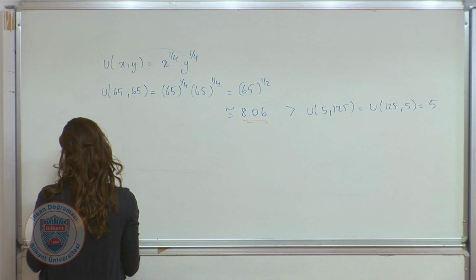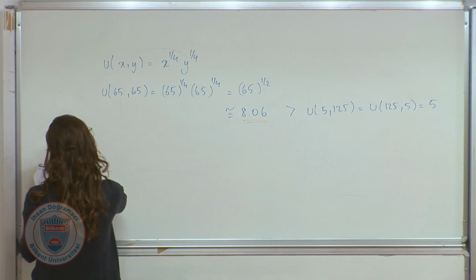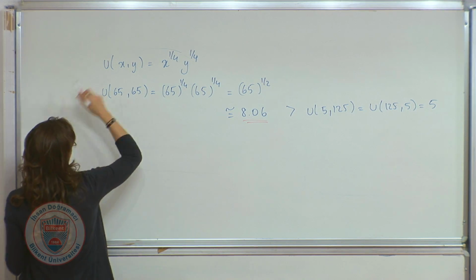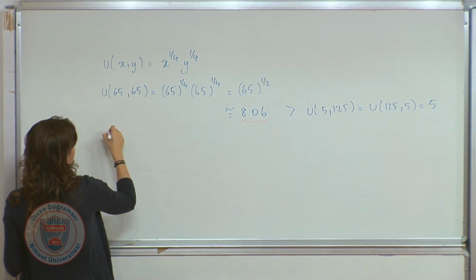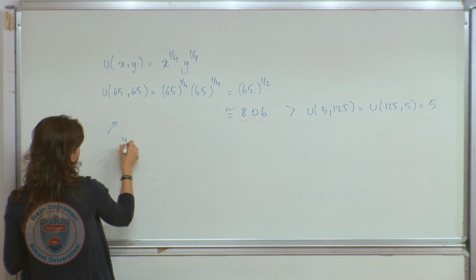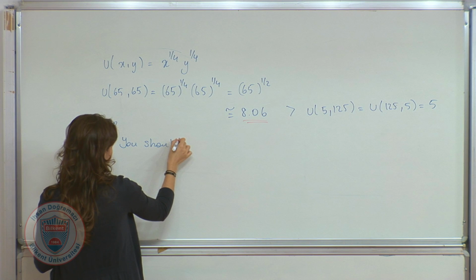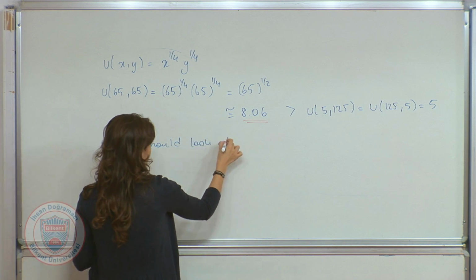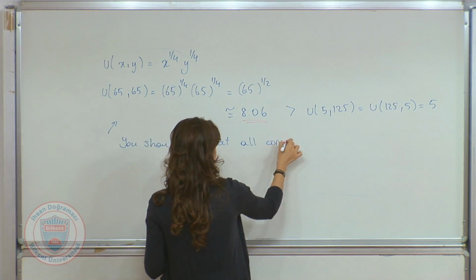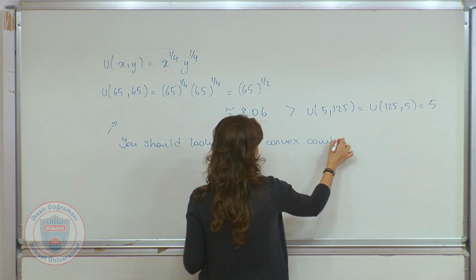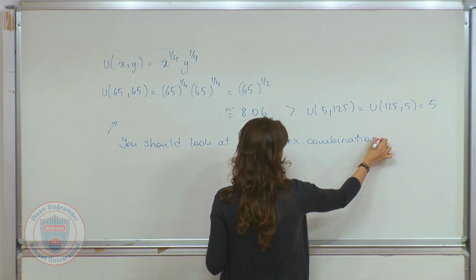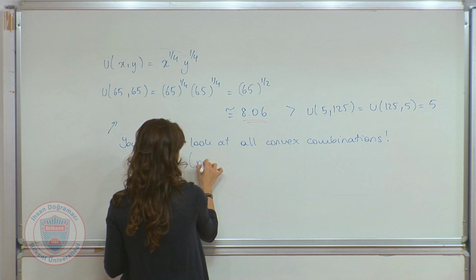so let me write it like this. Basically, this is another way of looking at it, but you should look at all convex combinations, not only the midpoint.